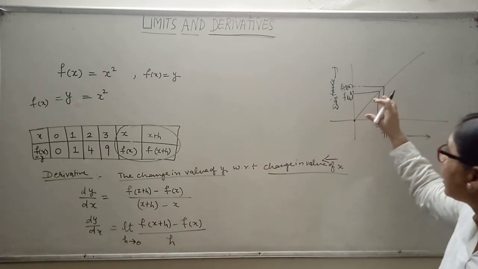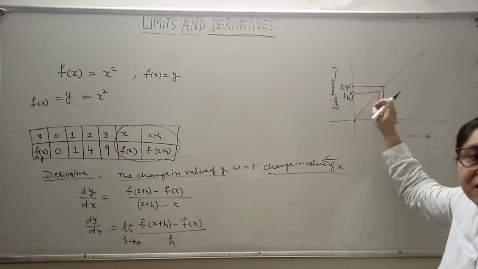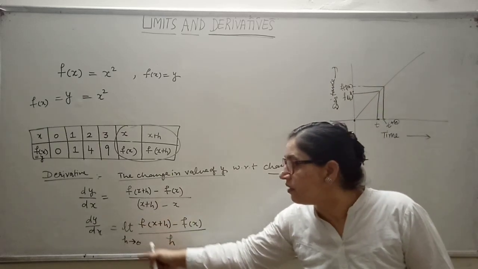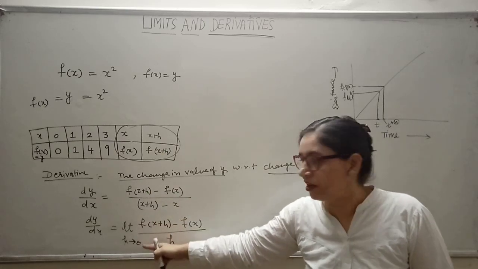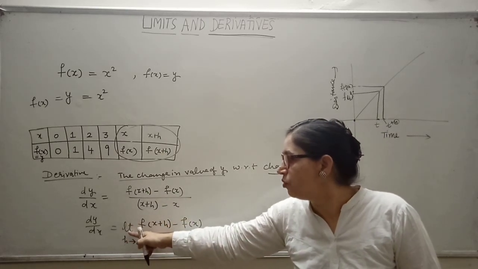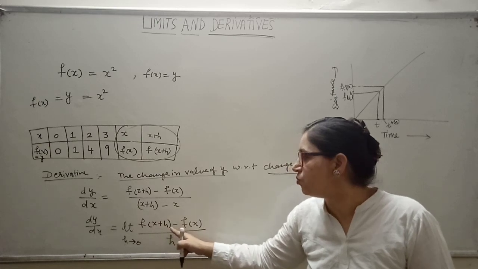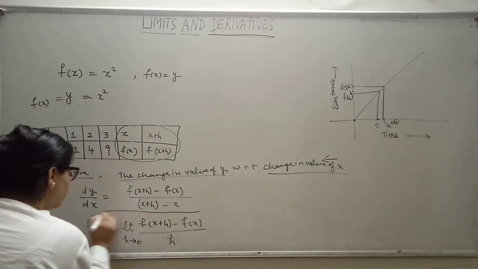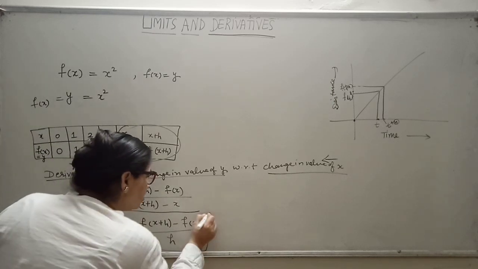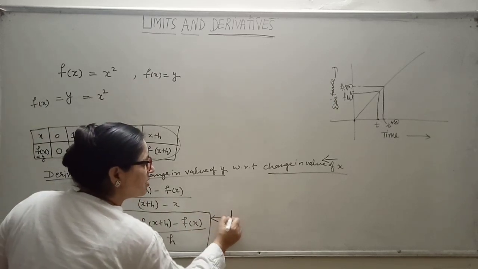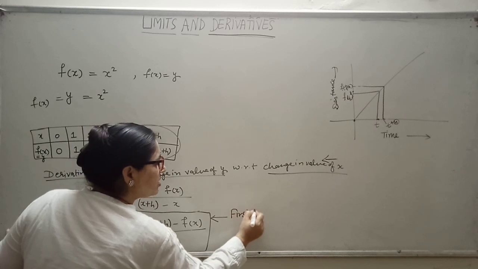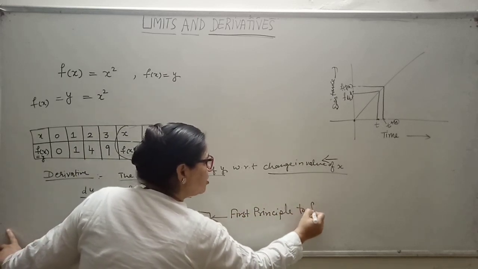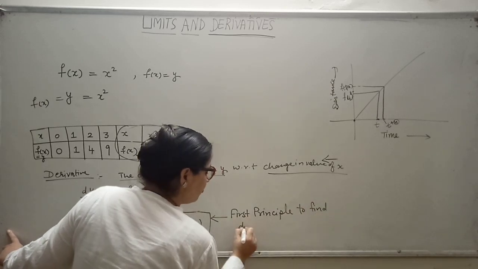At this time this will be the instantaneous speed. So this is called derivative. dy by dx is equal to f(x plus h) minus f(x) upon h, when the limit h is tending to 0. This is called your first principle to find the derivative of a function.